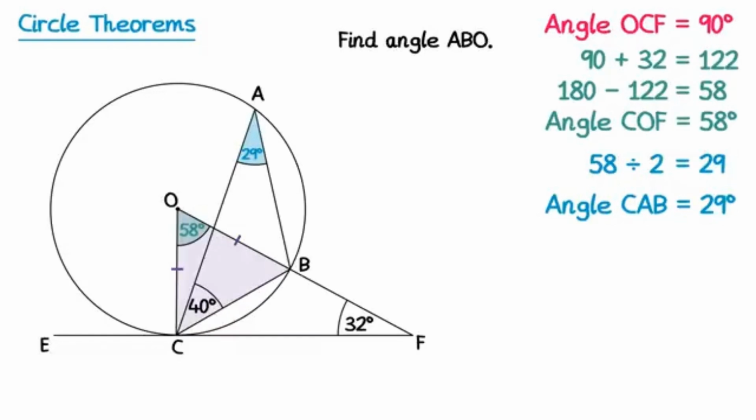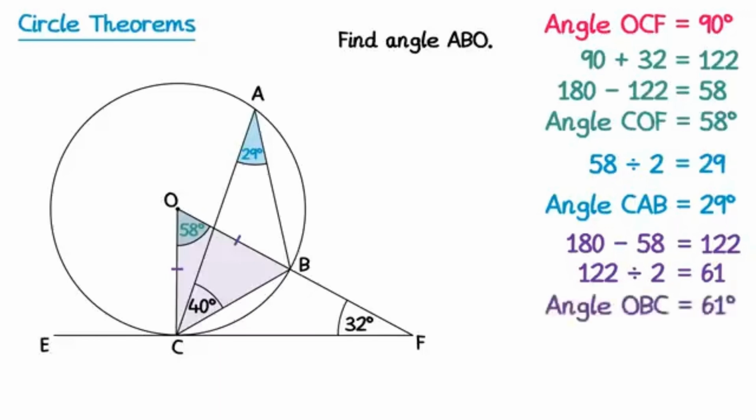This means the triangle COB is an isosceles triangle, so two of the angles must be the same. So if we subtract 58 from 180, we get 122, and then if you halve 122, you get 61. This means both of the base angles in that isosceles triangle must be 61 degrees. The one that's important to us is the angle OBC. So angle OBC is 61 degrees, we can add this to the diagram as well.